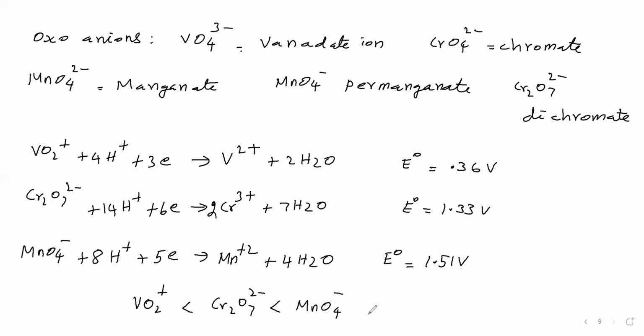Next, disproportionation. Manganate MnO4 2 minus in acidic medium undergoes disproportionation to give permanganate and MnO2. Manganate is converting into permanganate, oxidation.